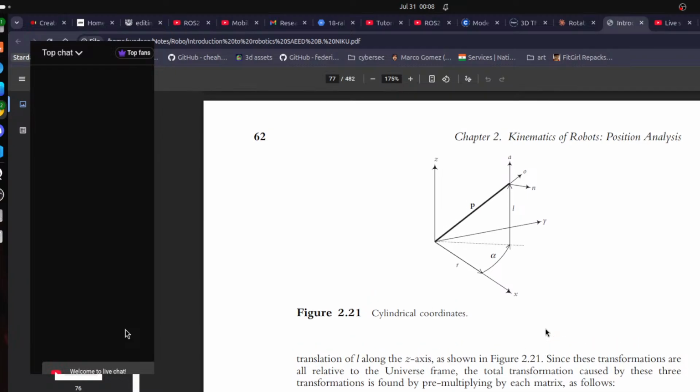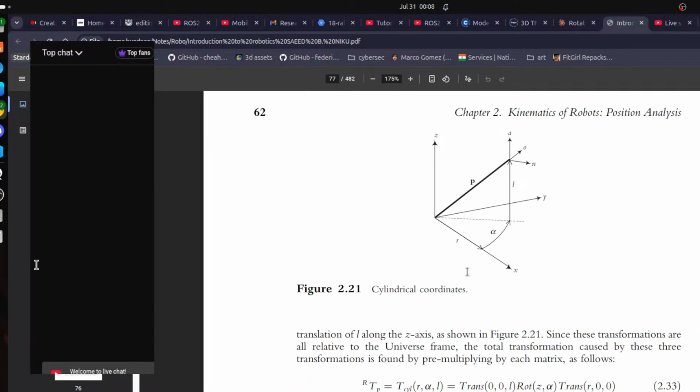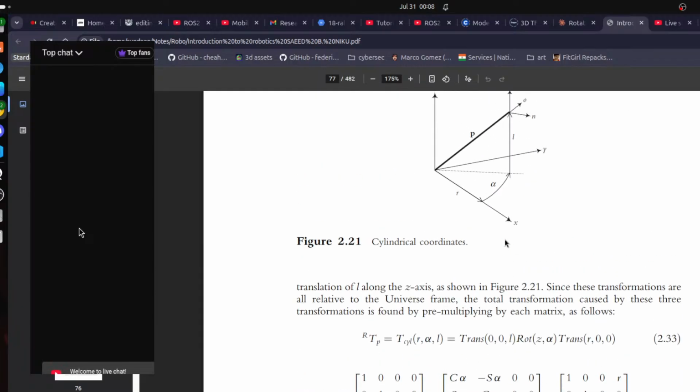If we go for a general robot, then these may not apply. It's basically translation of R and then rotation and then a translation again along the z-axis.